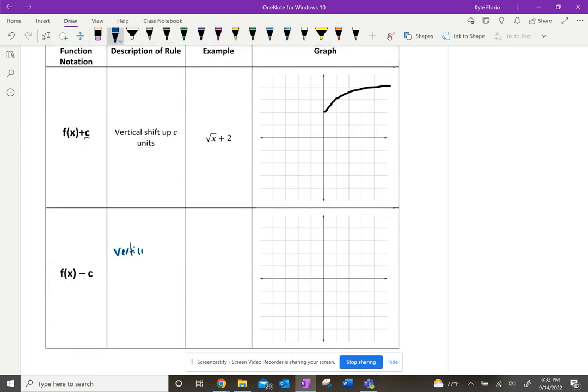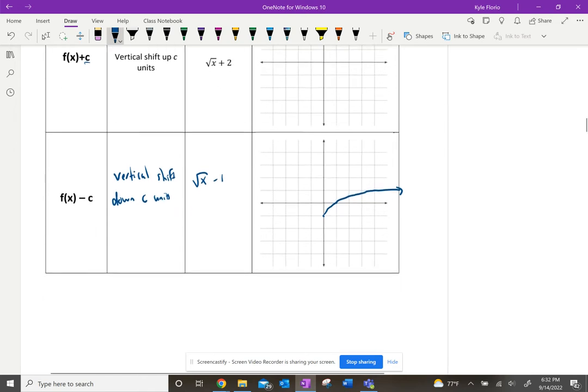So vertical shift down, c units. So if I did the square root of x minus 1, if this is the square root of x, I know it's not the best of it, it's just going to go down 1. And so it'll look like this. So that's how you move things up and down.